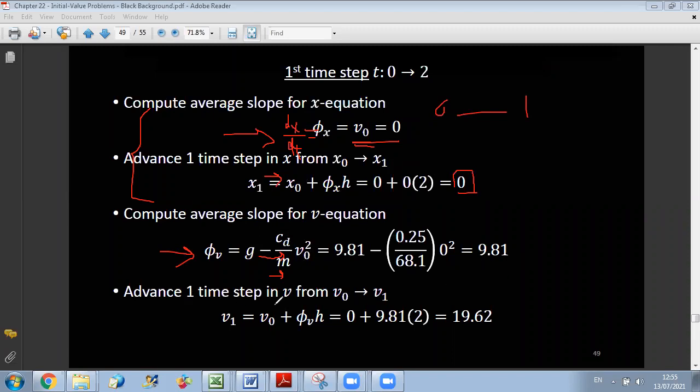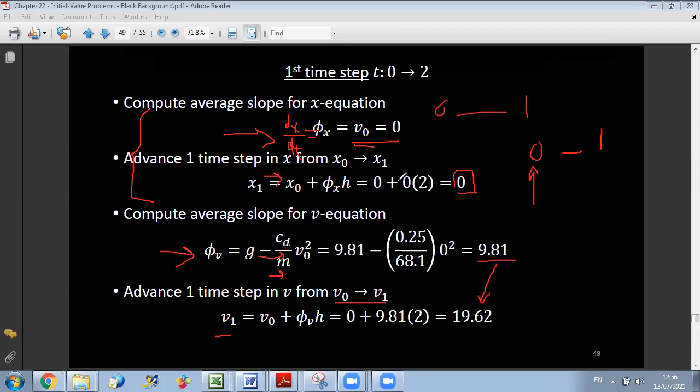If you advance one time step from v0 to v1, you say that v1 is v0 plus the slope you got from the Euler approximation, which considers that the slope is equal to the slope at the beginning point of the interval, which is 0, because the first interval is from 0 to 1. So we evaluate the slope at 0. The slope phi v is g minus cd over m v0 squared. So we evaluated it, it's 9.81. So we get an updated value for v1.